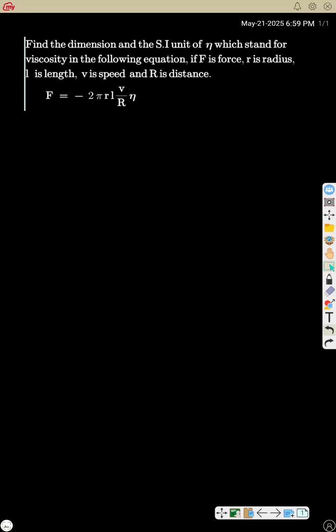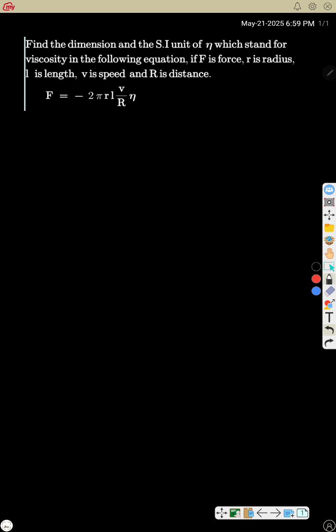So yeah, the question says find the dimension and the SI units of this symbol which stands for viscosity in the following equation. If F is force, R is radius, L is length, V is speed, and r is distance.